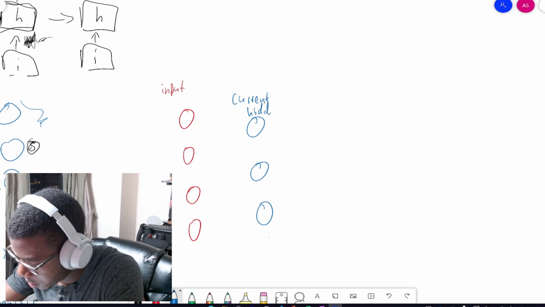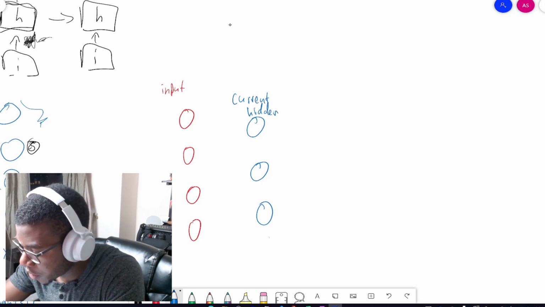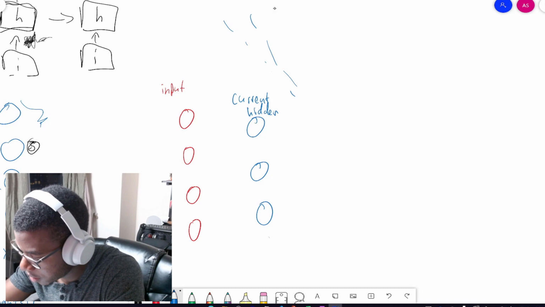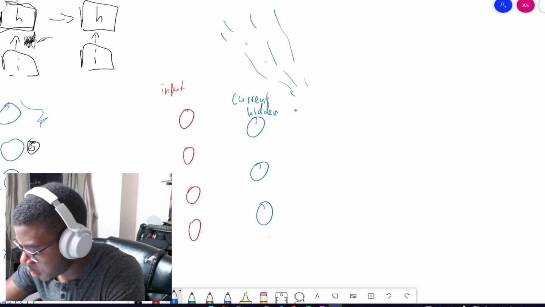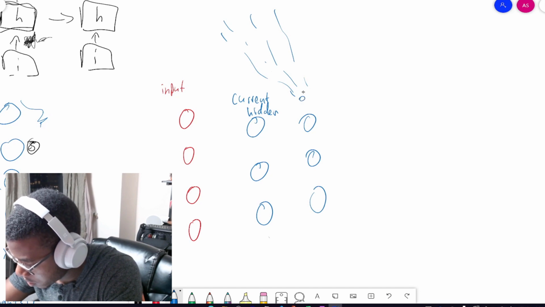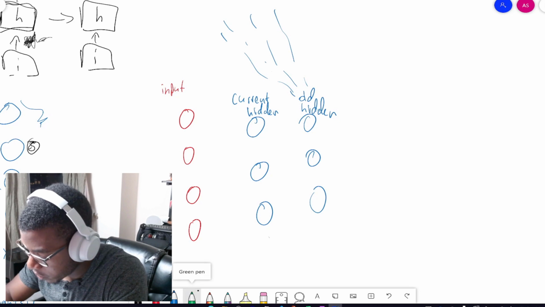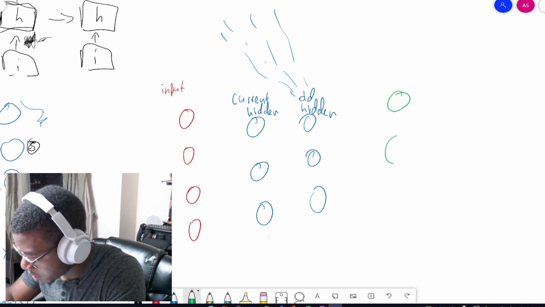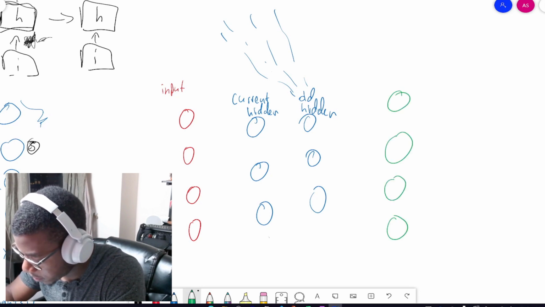hidden. And what we'll need to do is pass in the old hidden. So this will be old hidden. And then we finally have our output. Our output is 4. Okay.